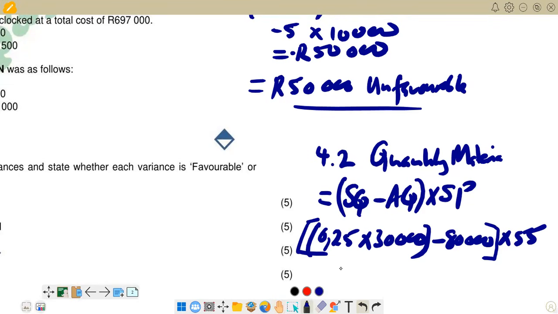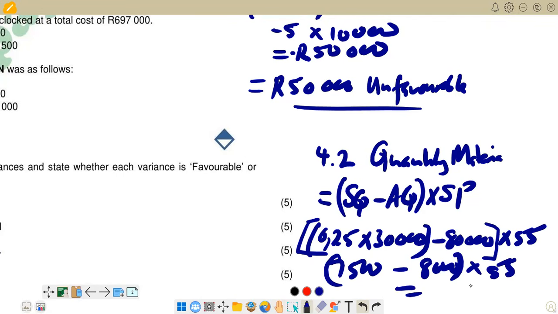So if you calculate this in brackets, 0.25 times 30,000, you are going to get 7,500 here. Then you subtract 8,000. This is in brackets, and obviously you multiply by the 55. Remember, 7,500 minus 8,000 gives a negative, which is negative 500.